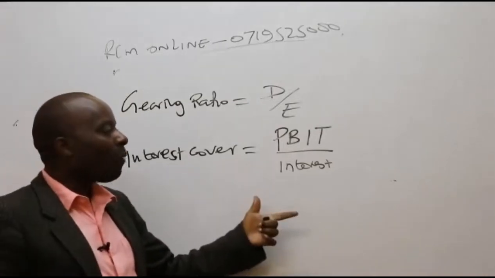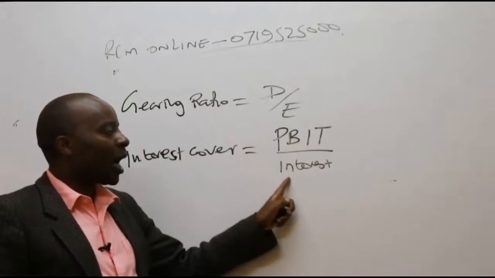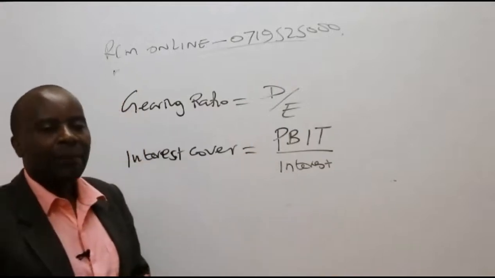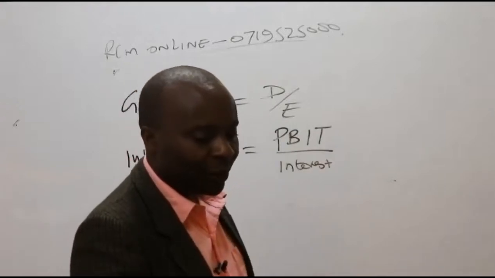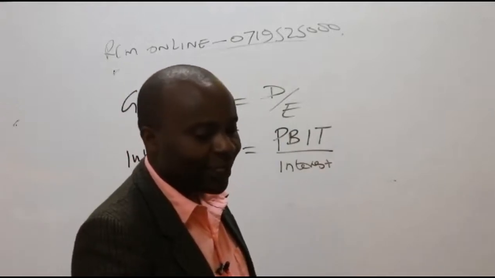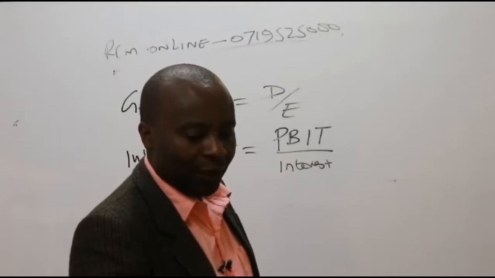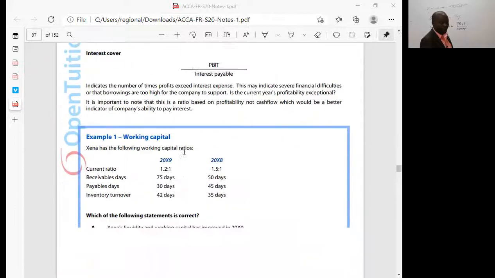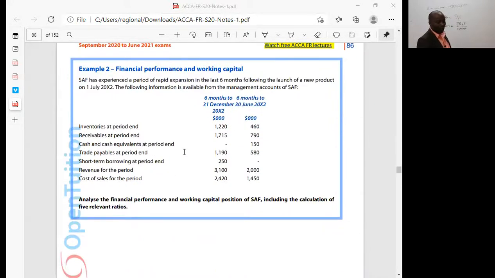The more number of times the profit is able to cover the interest, the better the performance. But if the interest is more than the operating profit, then that is a highly geared organization. You are not running to anywhere. Or rather, you could be running fine, but in the wrong direction.